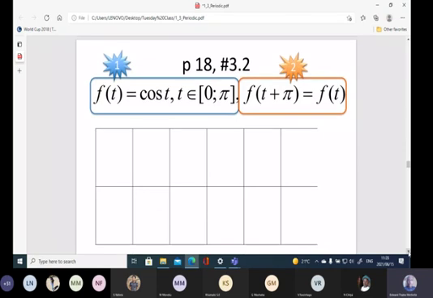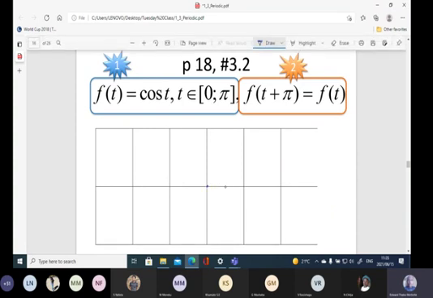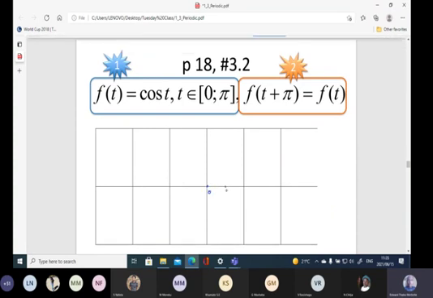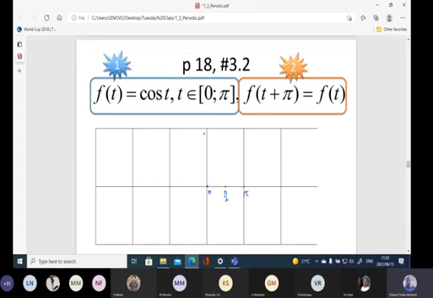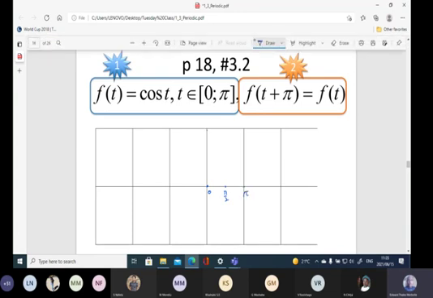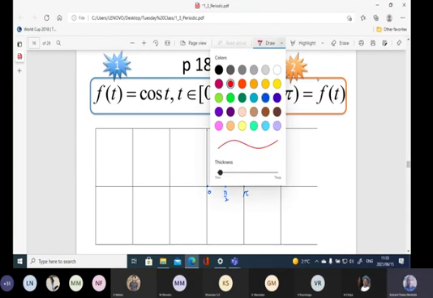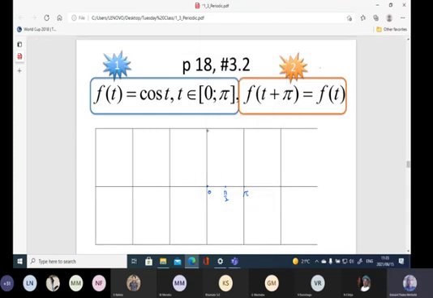Now let's see for cos. For cos, they are restricting to plot this graph from 0 to pi. Now let's look at the graph between 0 and pi. So this is 0, and this point here, make it pi over 2. This one is pi. So my graph will look like this between those two coordinates.